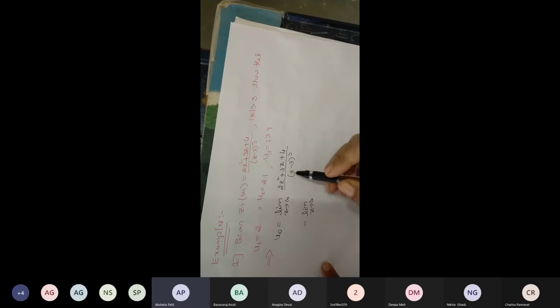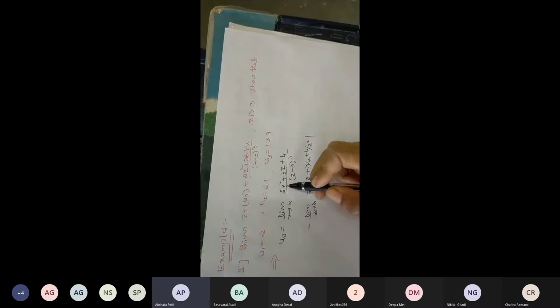Now we calculate limit z tends to infinity. We take the highest power of z outside. In the numerator the highest power is z square, so I take z square outside.